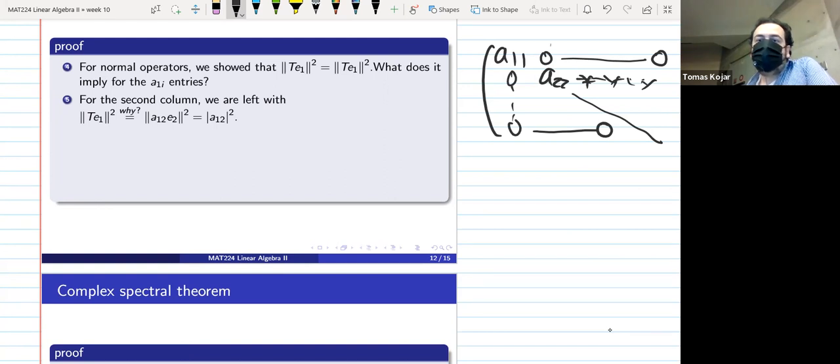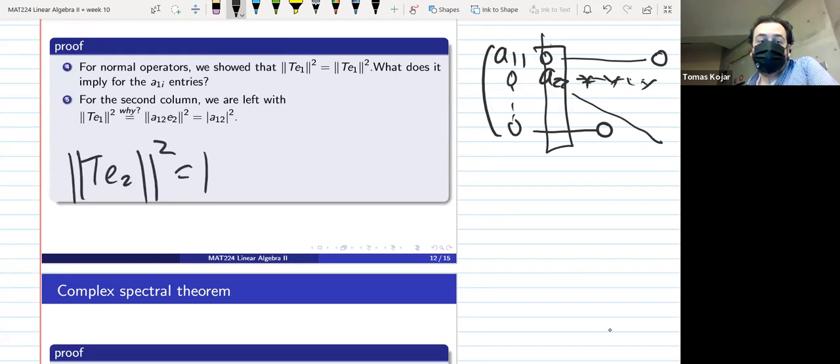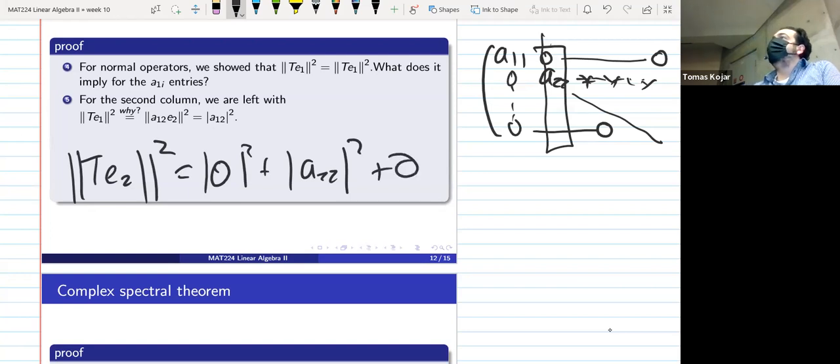So you look at the second column and you have TE2 is equal now to 0 because we killed it. And then A22 squared and 0. Right? And then this guy is equal to T star A2, which is you take the transpose.